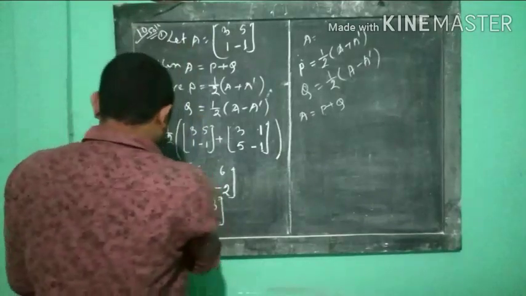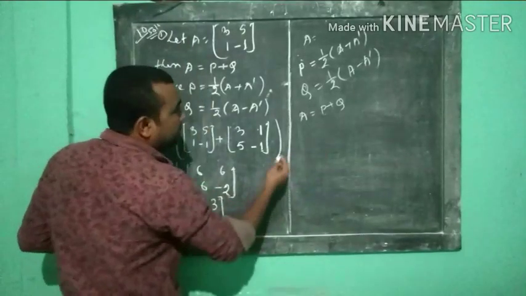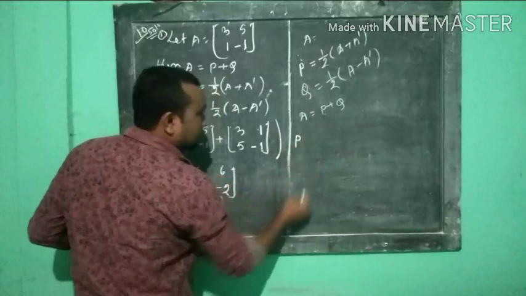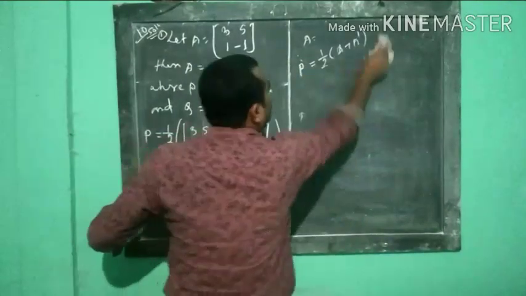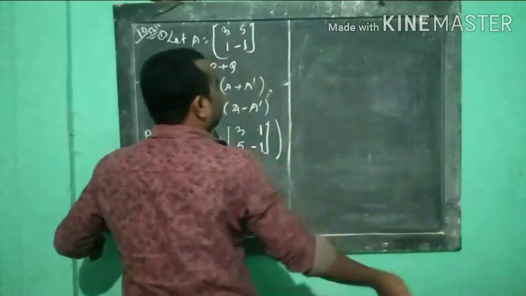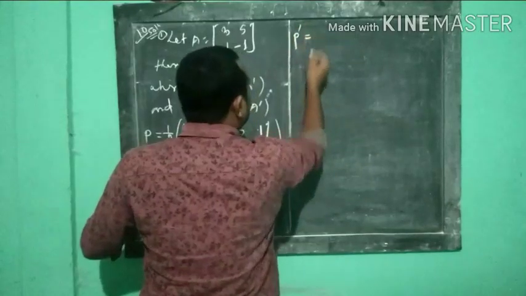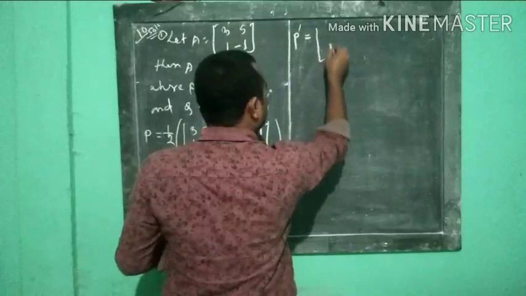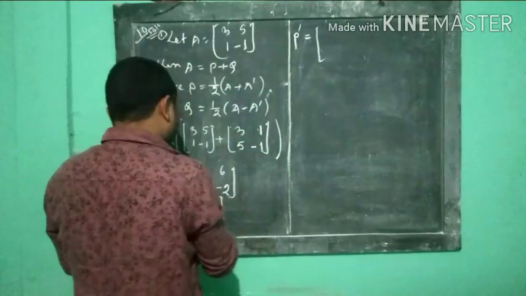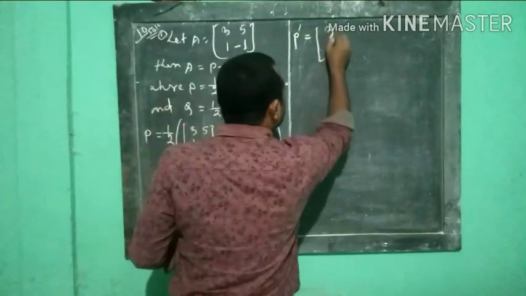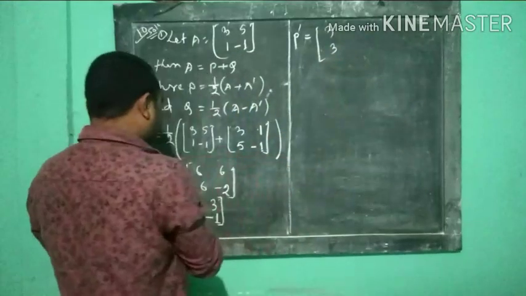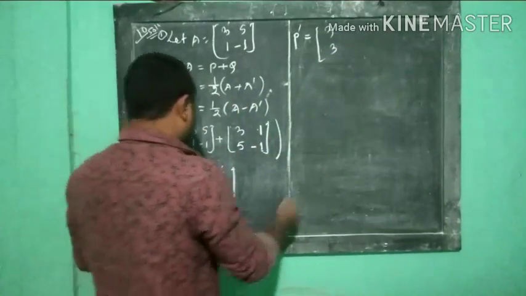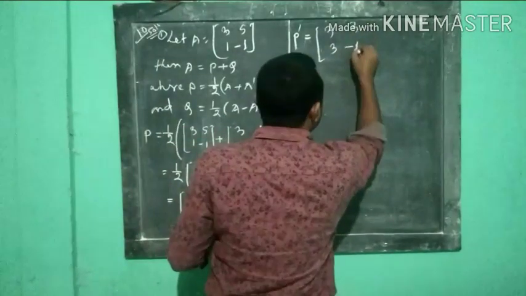Now if we find P transpose, by interchanging the rows and columns, the first row becomes the first column, so 3, 3, and the second row becomes the second column, 3, minus 1.